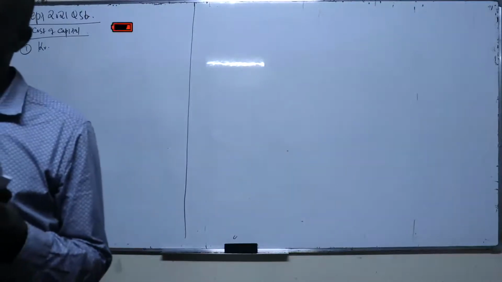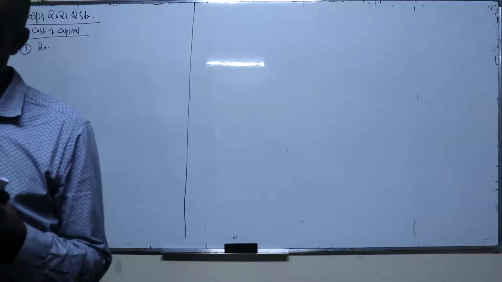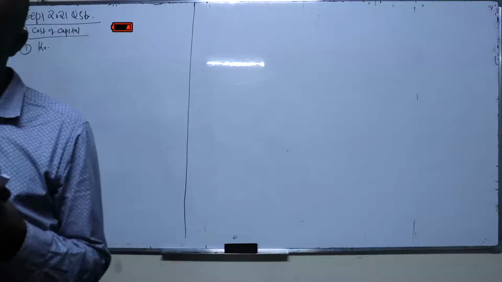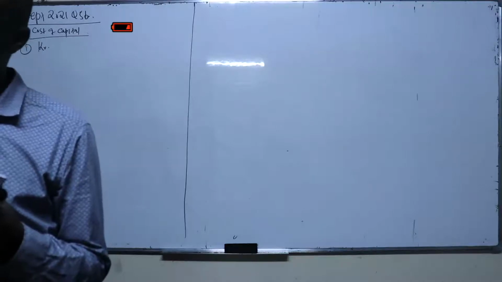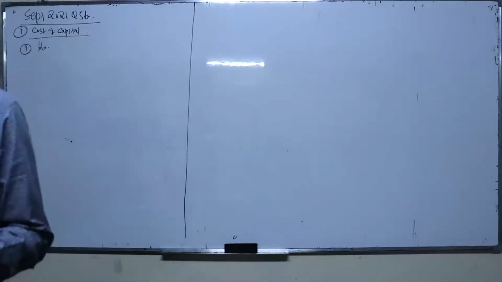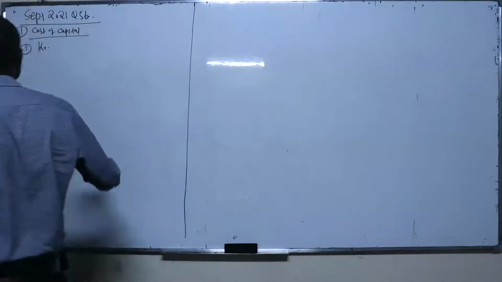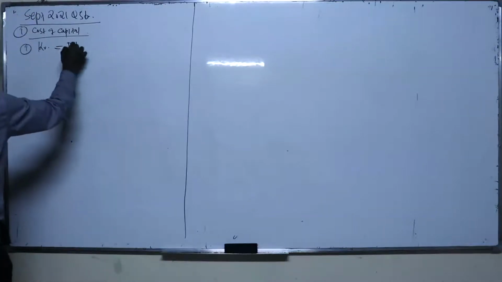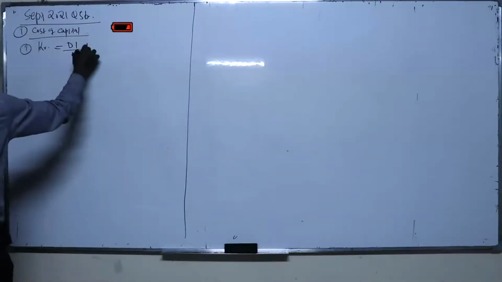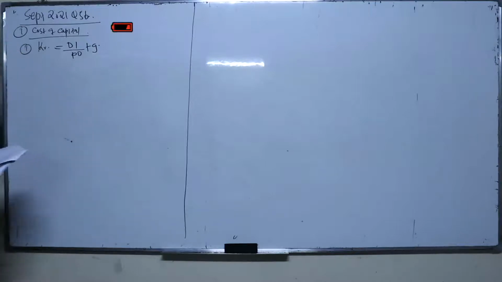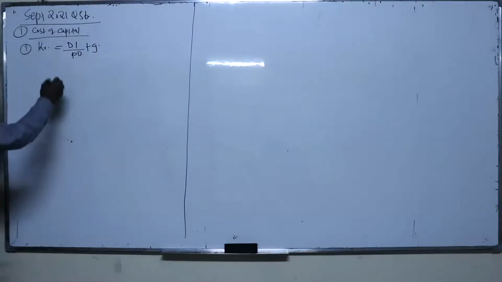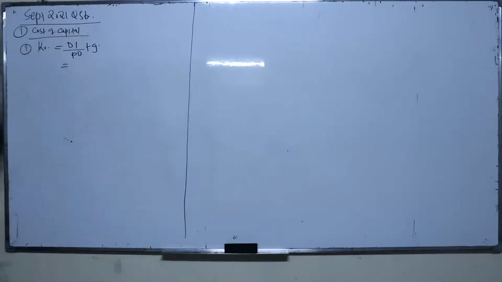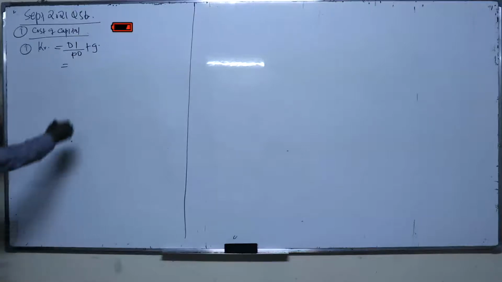Let us read it again. The dividend that is given. Is it number 4? Ordinary shareholders expect. When you expect, that is a future dividend. So you write here D1 over P0 plus G. That is the formula you use. So D1, the dividend they expect, is how much? 6.